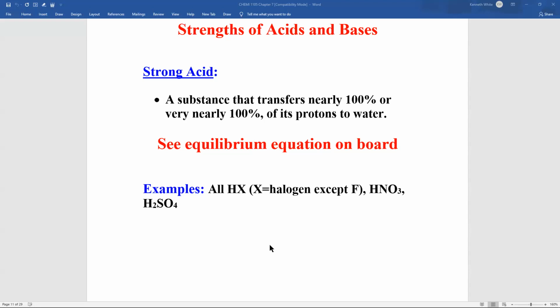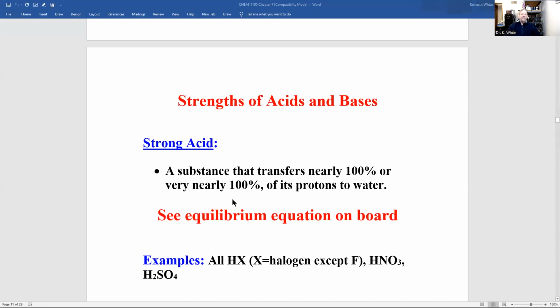Now, yesterday, we were talking about acids and bases, and remember, an acid is a proton donor, a base is a proton acceptor. Now, it turns out not all acids and bases are the same.